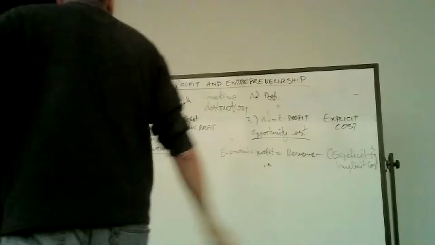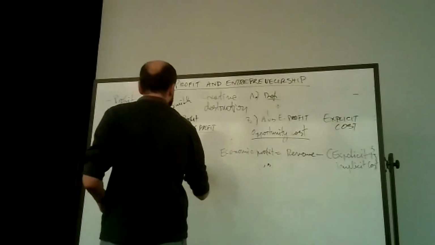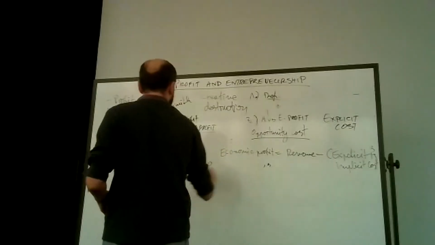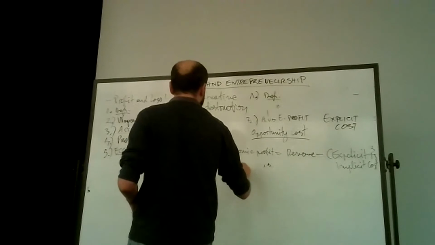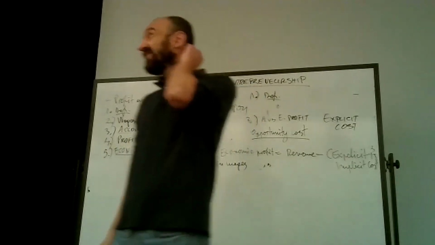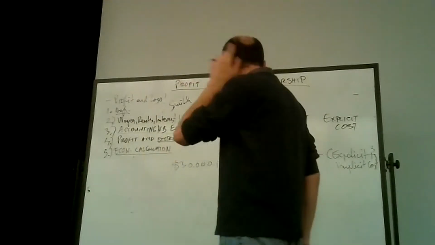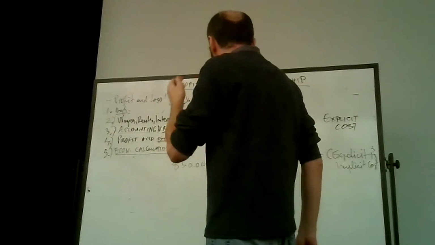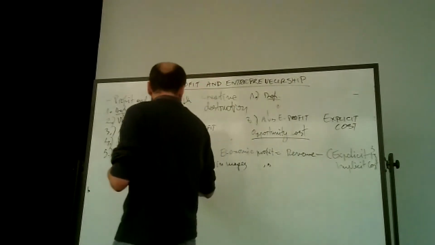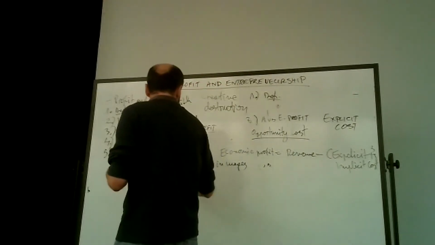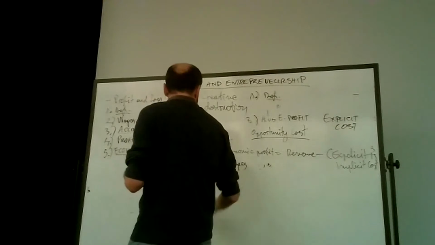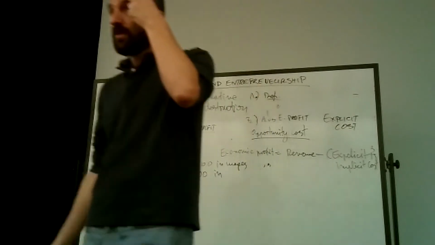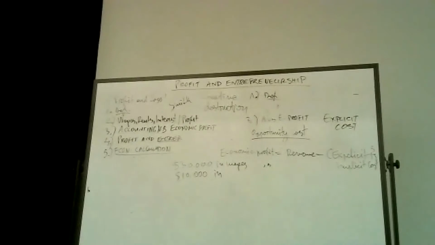Imagine that you have a person who earns $30,000 in wages per year. And let's say that she has $10,000 in savings, earning $10,000 interest income per year.